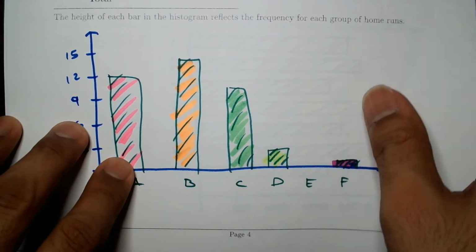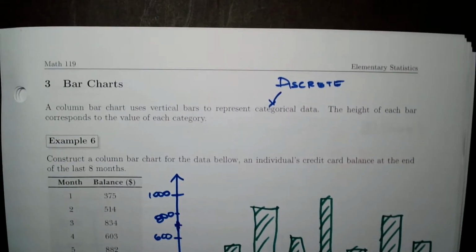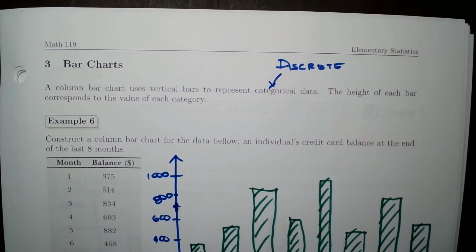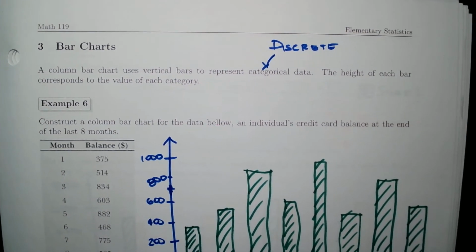All right, let's see what else we can talk about as far as graphs or ways to represent and display data. Bar charts, well, column bar charts use vertical bars to represent categorical data. The height of each bar corresponds to the value of each category, as we have been doing. So let's do more examples.